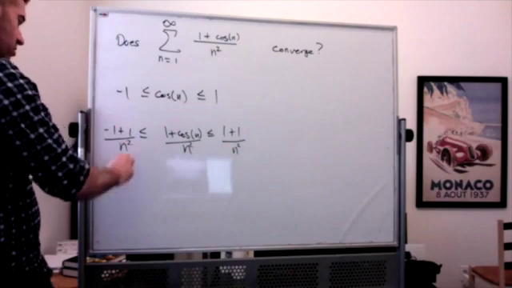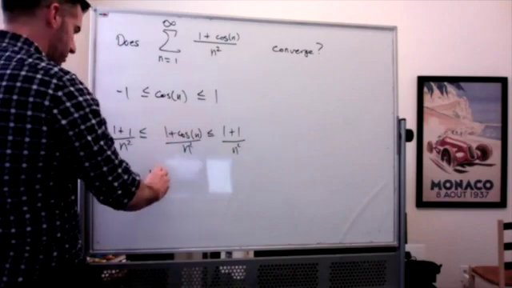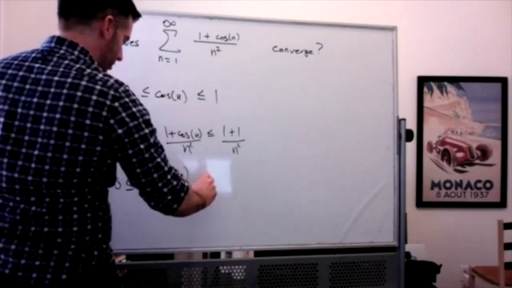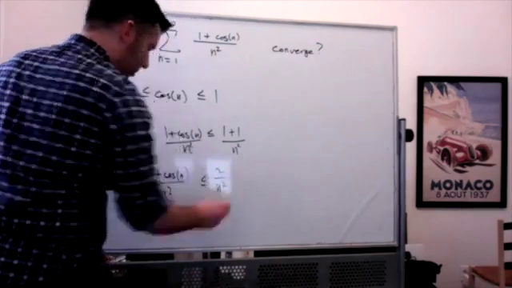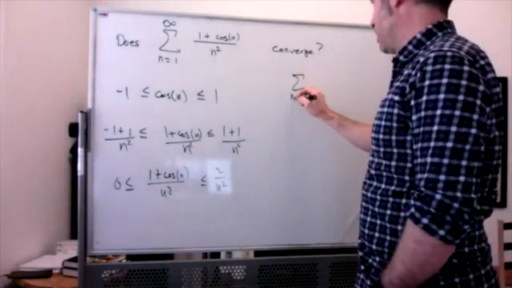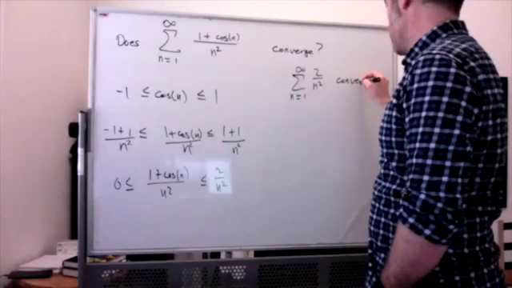So this is 0. So 0 is less than or equal to the thing we're interested in, and that's less than or equal to 2 over n squared. But we know that the series for 2 over n squared definitely converges, right? The sum from n equals 1 to infinity of 2 over n squared converges.